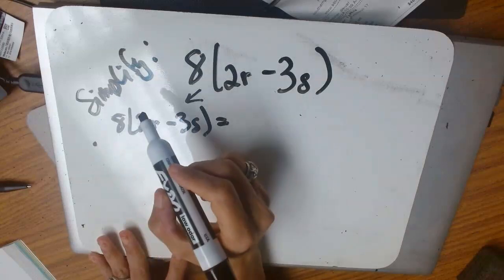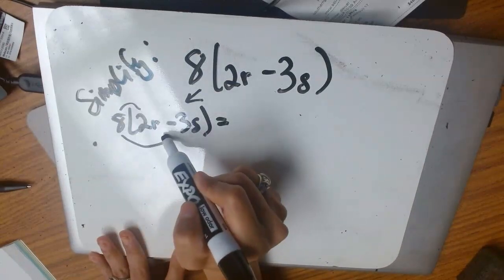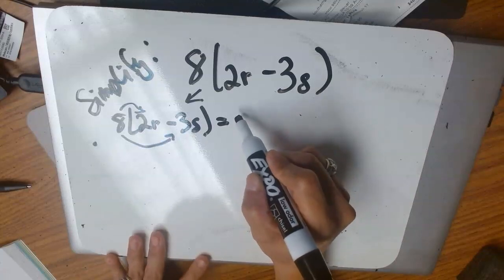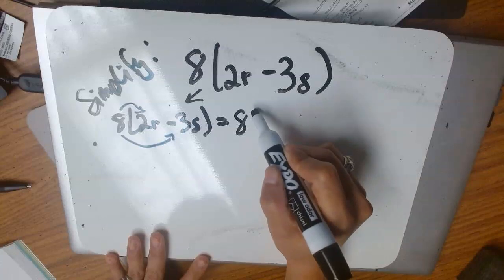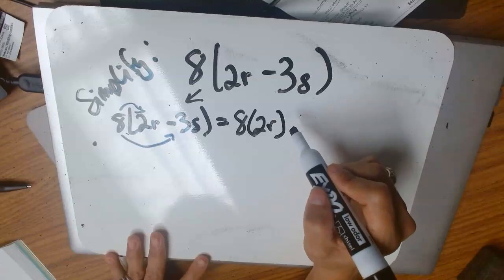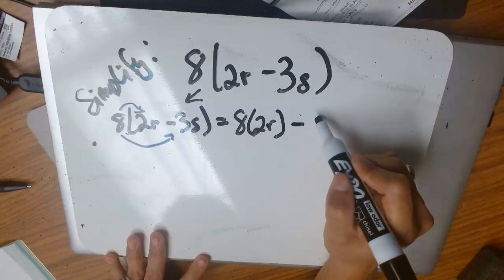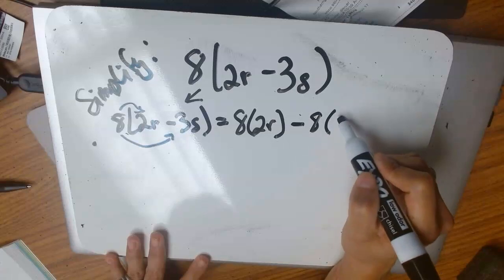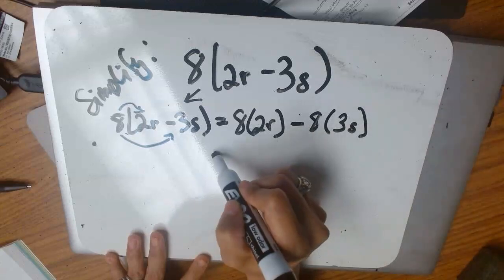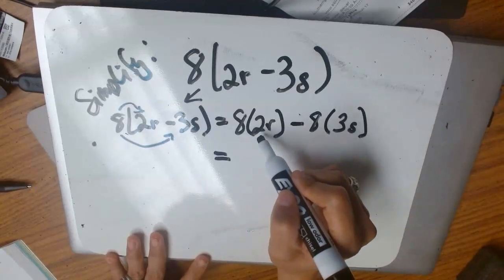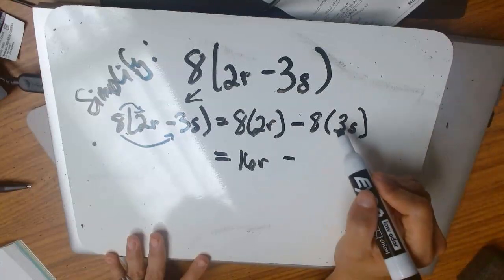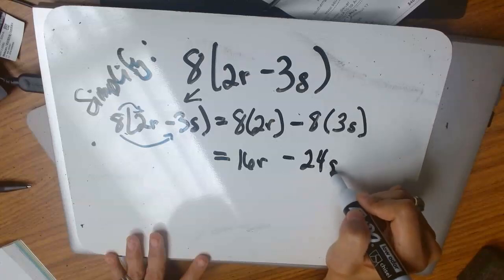Now then, we are going to do our multiplying, but before we multiply, we're going to translate it first, or what I call translating. Okay, and now 8 and the 3. Okay, so now then, 8 times 2 is 16r minus 8 times 3 is 24s.